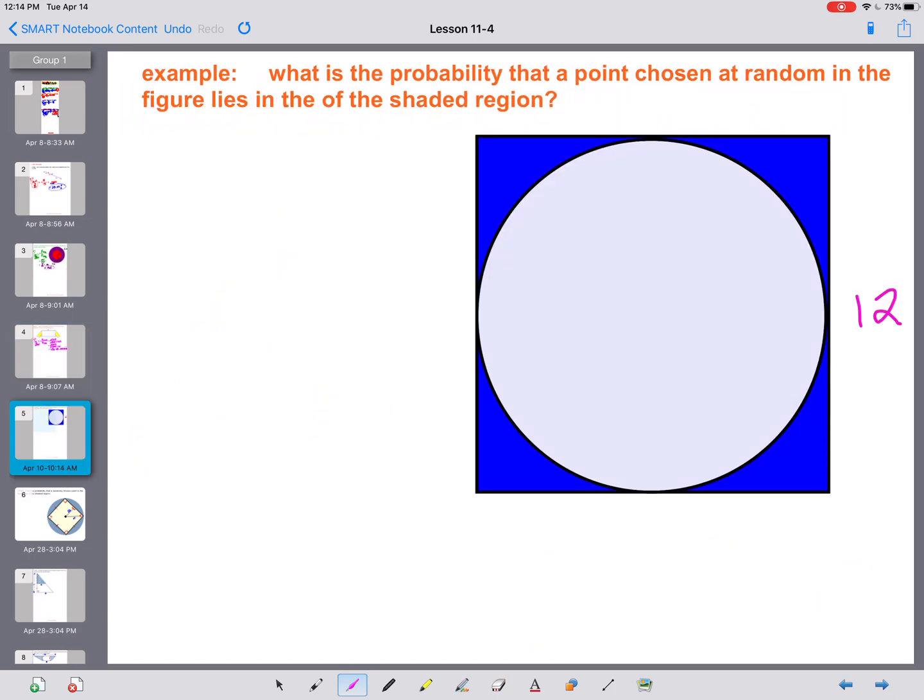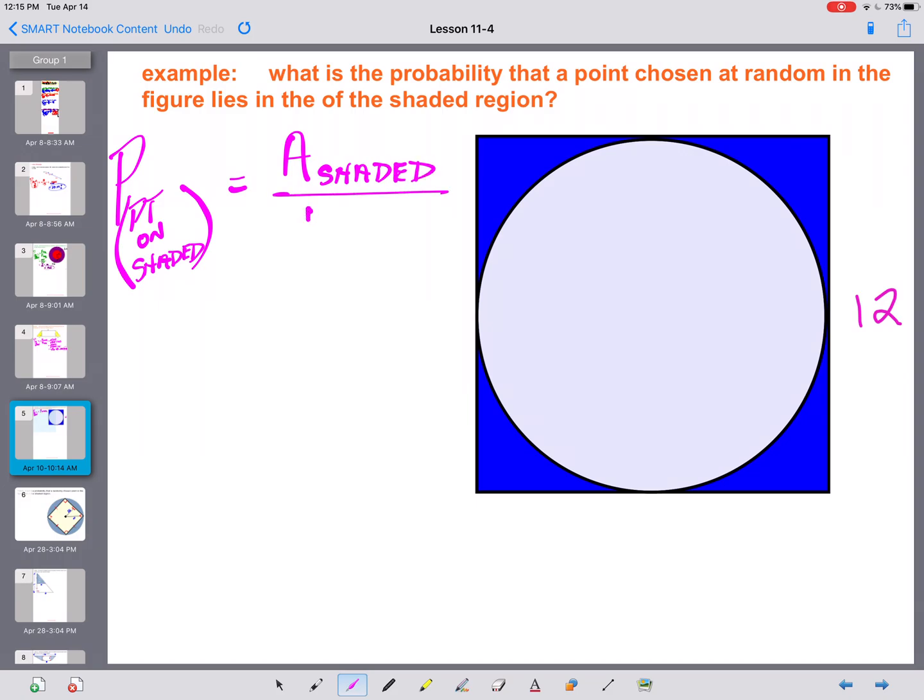Same idea. What's the probability that a point chosen at random is going to be on your shaded region? Once again, our formula is area shaded divided by area total.